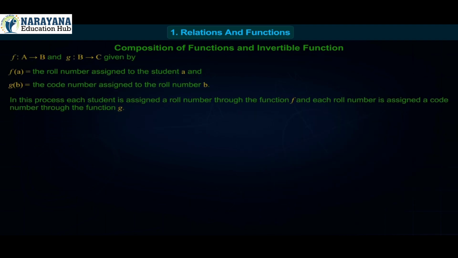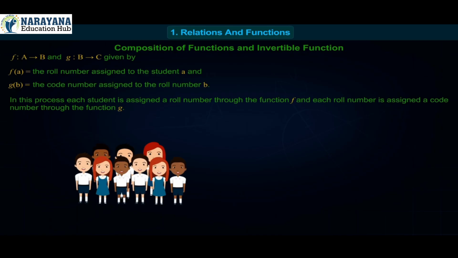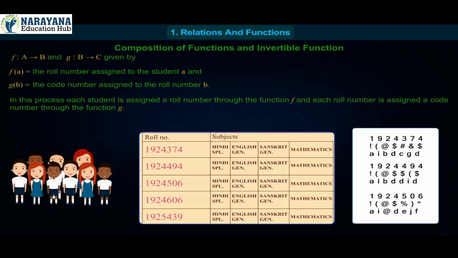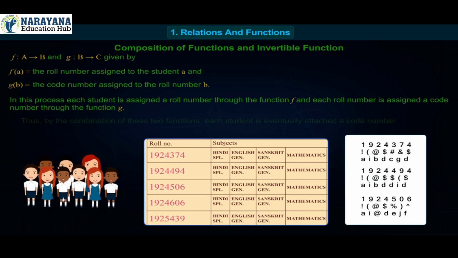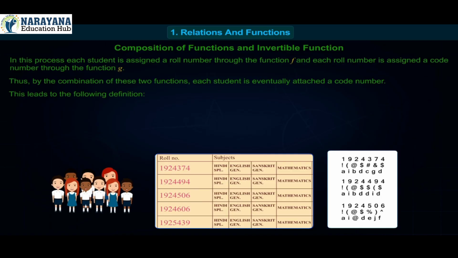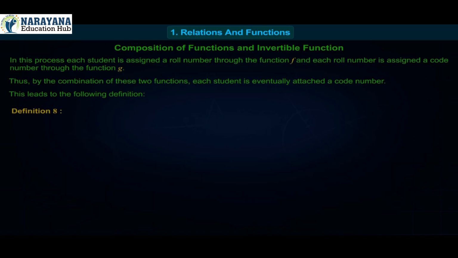In this process, each student is assigned a roll number through the function f and each roll number is assigned a code number through the function g. Thus, by the combination of these two functions, each student is eventually attached a code number. This leads to the following definition.